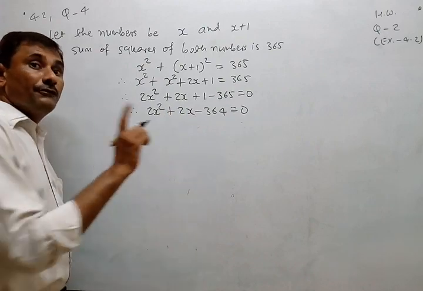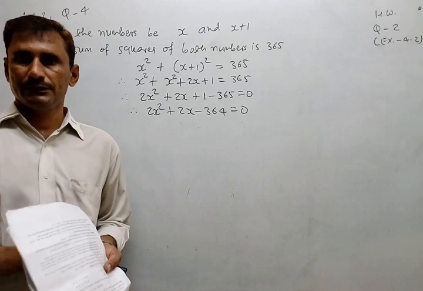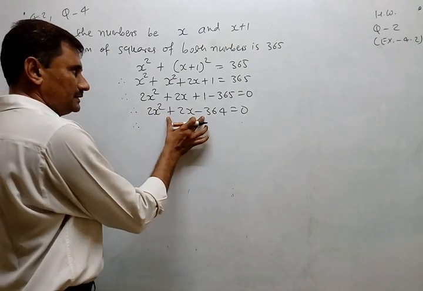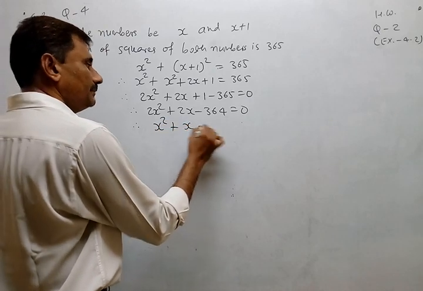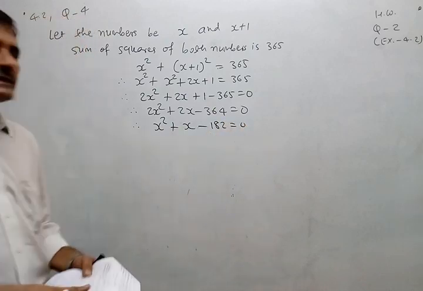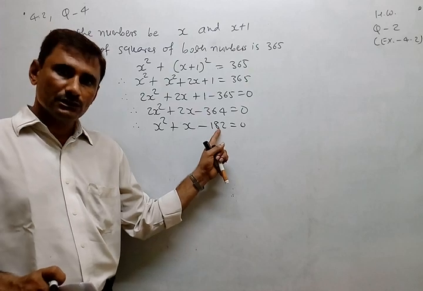Now whenever any equation is reducible, always reduce. So it is divisible by 2, so I just divide by 2: x square plus x minus 182. Okay, in the previous sum also we had 182, here also.